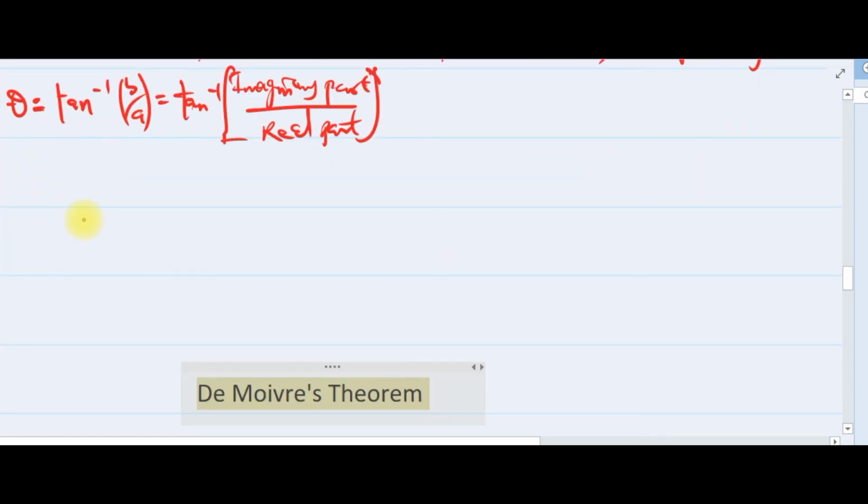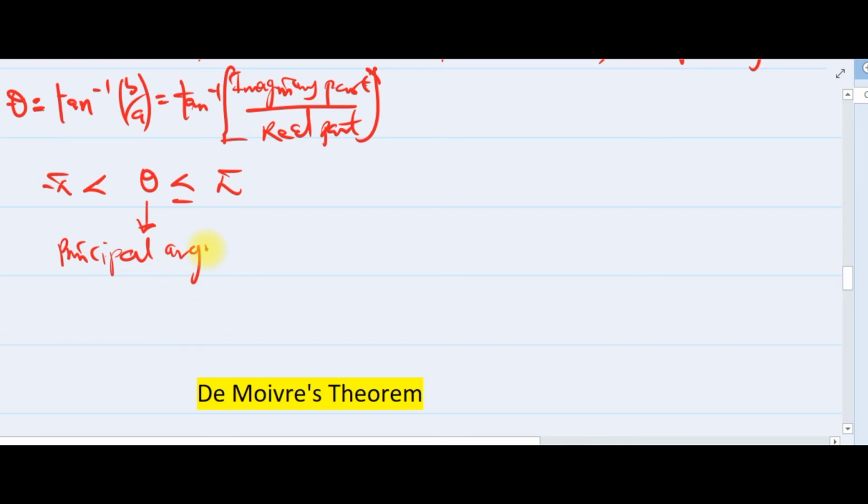But there's what you call the principal argument. Any argument that falls such that minus pi is less than it and it is less than or equal to pi, this theta is called the principal argument. We normally use a capital letter for that argument. So once you see a capital letter, it means that it's the principal argument.